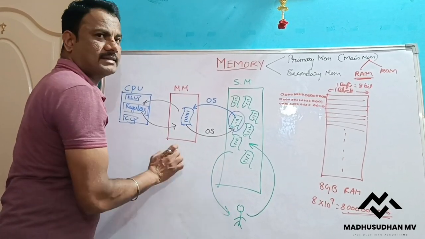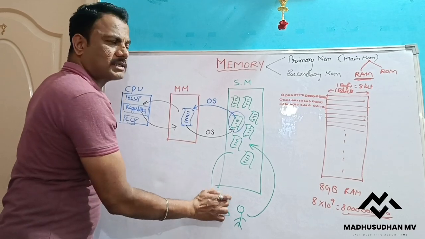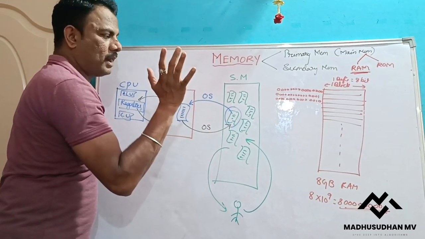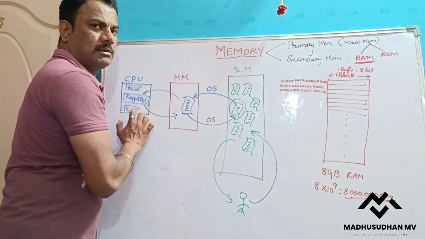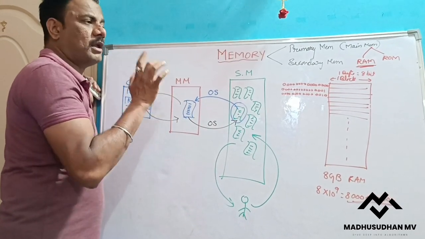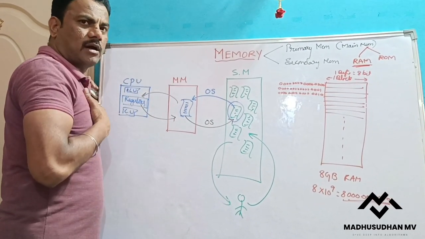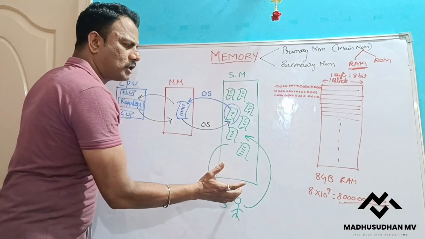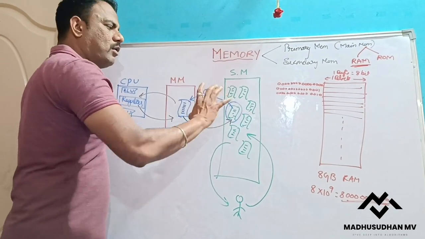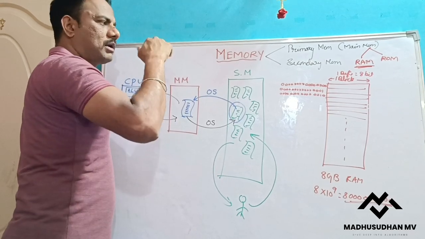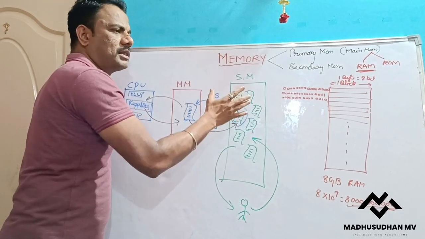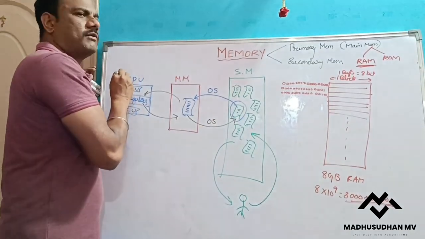Now the summary is what? The user cannot access main memory. The user can access only secondary memory. Similarly, the CPU cannot access secondary memory. The CPU can take only from the main memory. Whatever data we are storing, we store only in secondary memory. But whenever you click on play or start, or open or close a file, everything is done by the CPU.